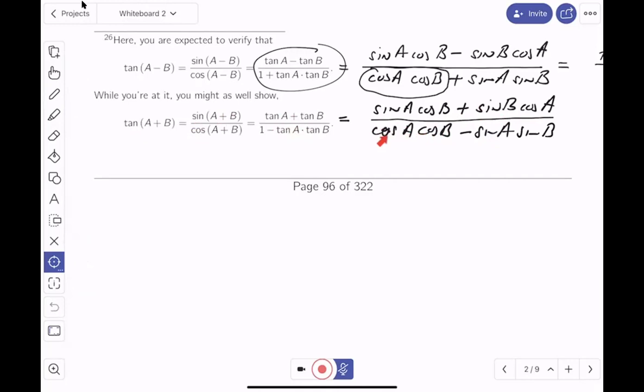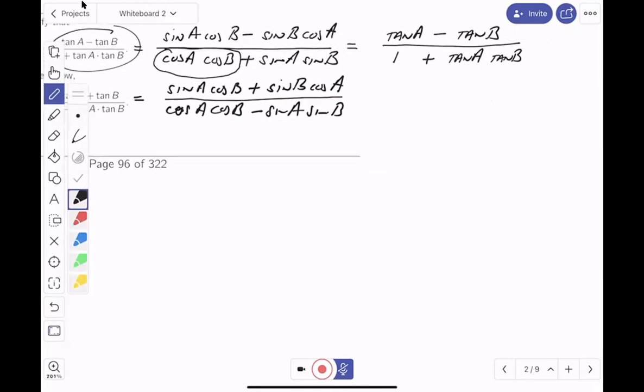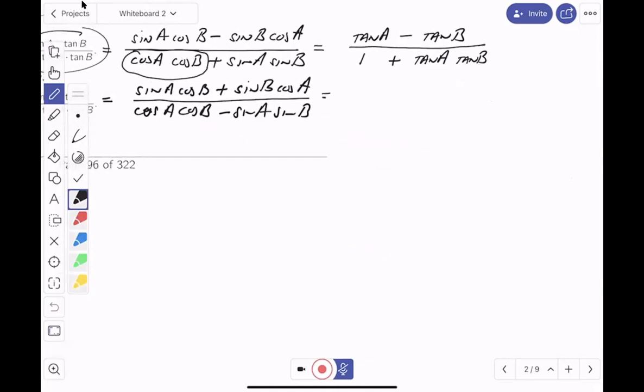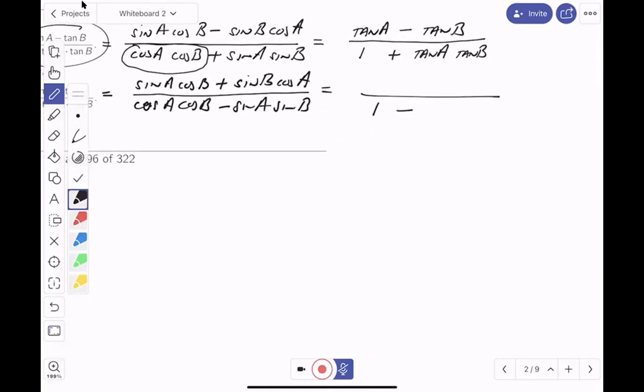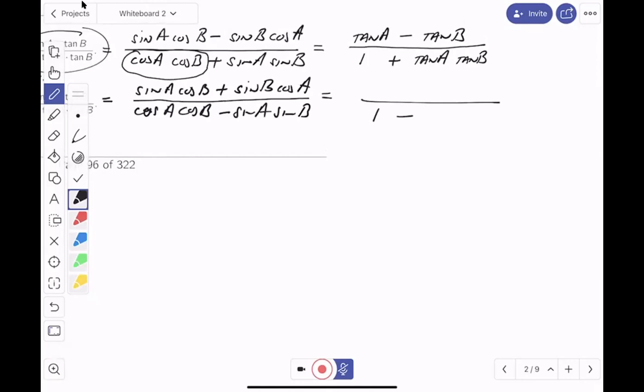Same story. We're going to divide top and bottom, every term, by cosine a cosine b to make it a 1. All right, convention. Let's put that down. And let's show you we get it. We get 1 minus, well, sine a over cosine a is tan a. And sine b over cosine b is tan b.